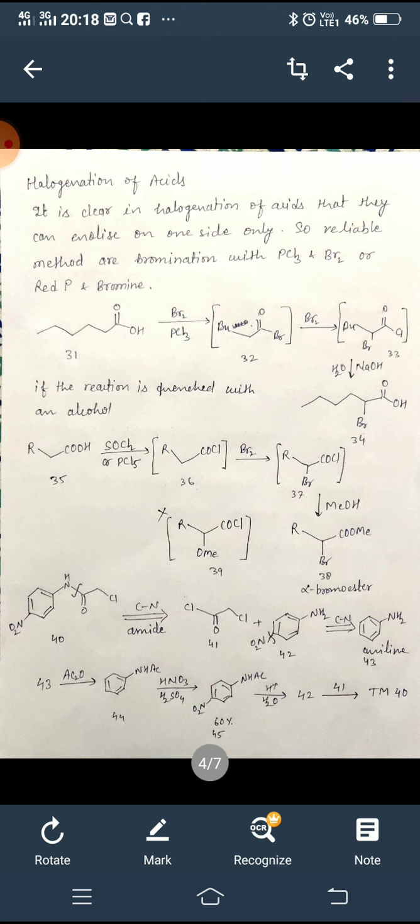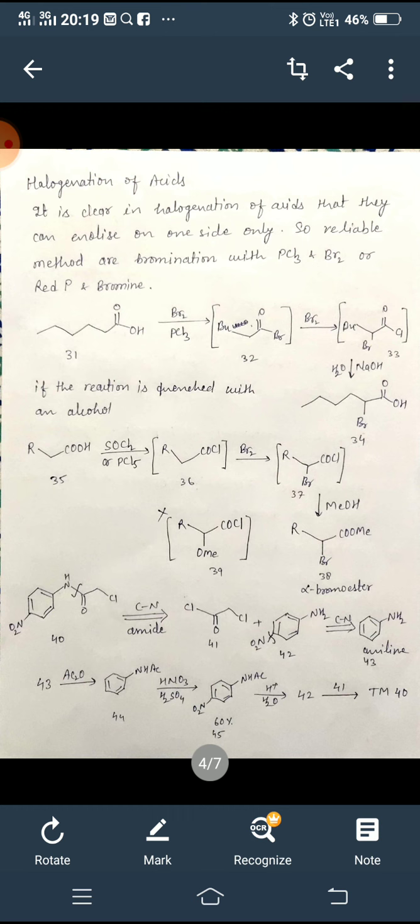So for the synthesis, the first step is the acetylation of the aniline, because when we use the nitrating agent, it is possible to form the 1,2,3-trinitro compound, number 44. So we use the acetylation.